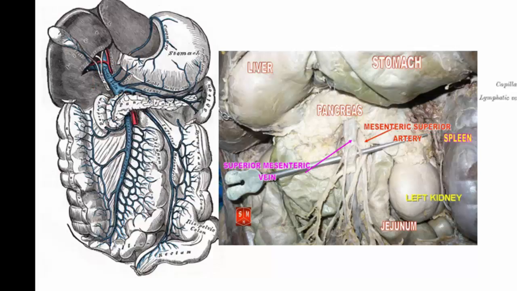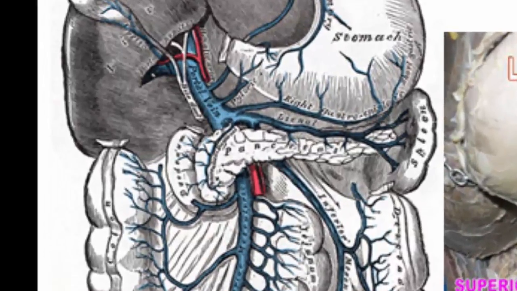If you look at this diagram here, the mesenteric veins pass up to the pancreatic region, where they combine with the splenic vein, and then a common vein, the hepatic portal vein, passes into the liver.